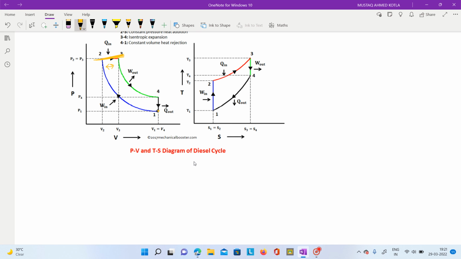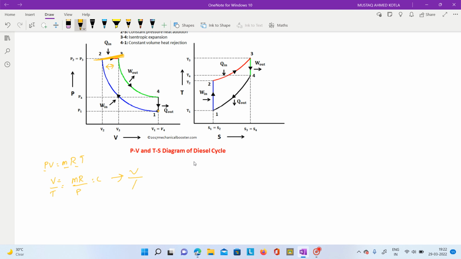Okay, now in the process 2 to 3, what can we write? Similarly, PV equals mRT. Pressure is constant, and mR is an absolute constant, then V by T equals mR by P equals constant, right?